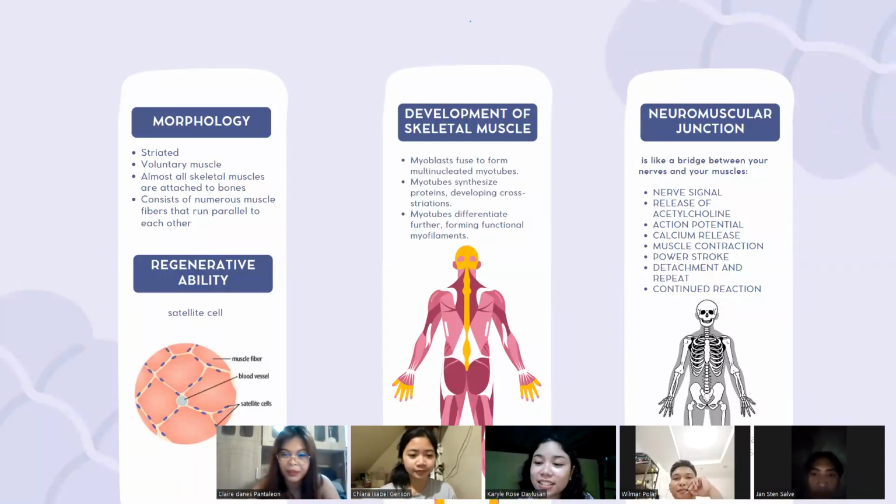Miss. Development of skeletal muscle. First, myoblasts fuse to form multinucleated myotubes. Next, myotubes synthesize proteins, developing striations. Third, myotubes differentiate further, forming functional myofilaments.